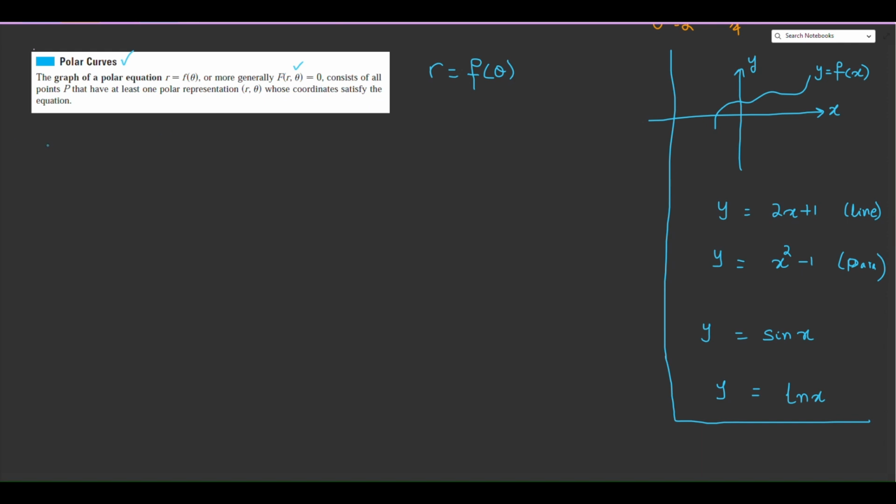Now there are two special types of curves that you need to remember.